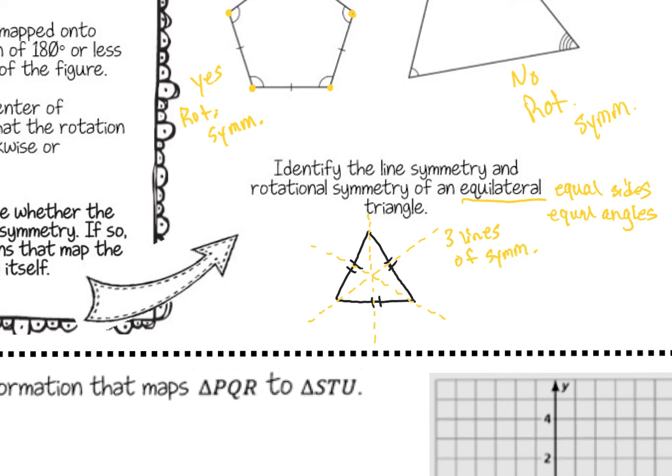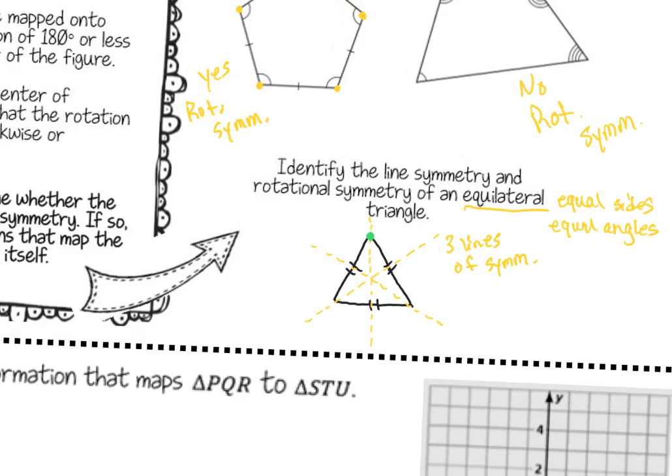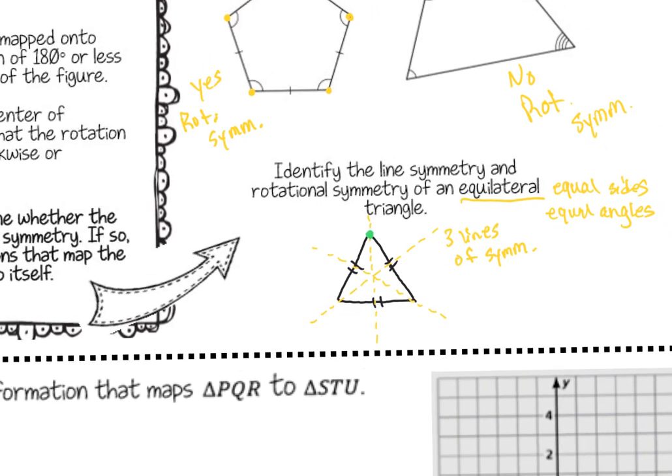Let's look at rotational symmetry real quick. I'm going to start here looking at this point, so this is how I see it now. If I rotate my image, does it ever look the same? Does it ever look like how we started? If you rotate, nope. Let's look here, though. Right now I'm looking at that as my top, and that does look exactly the way it looked as we started.